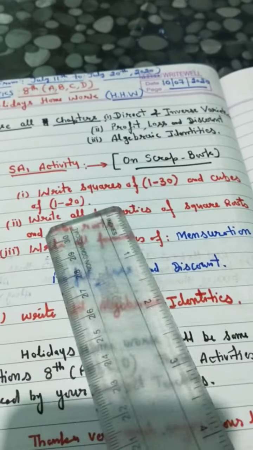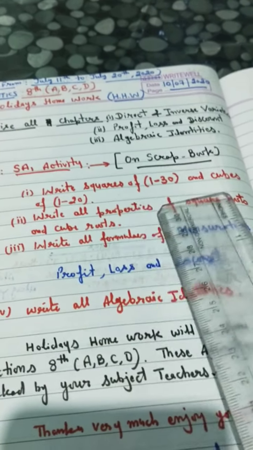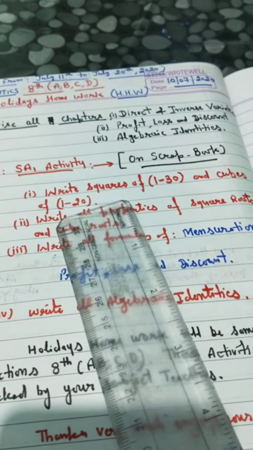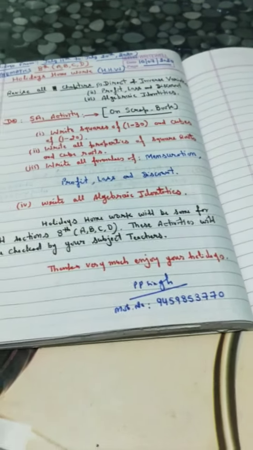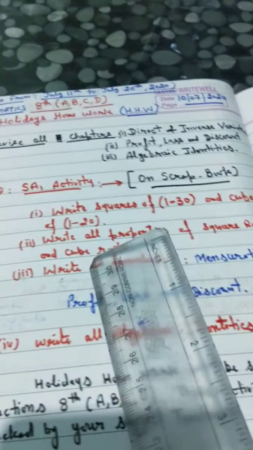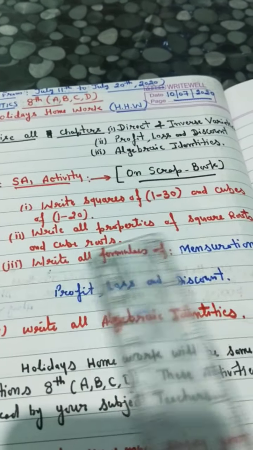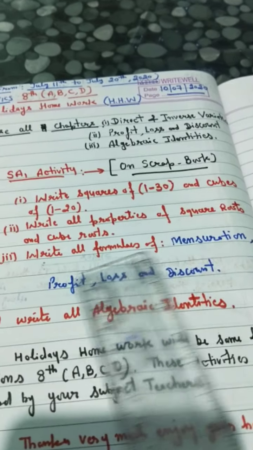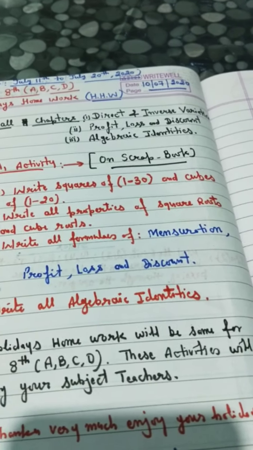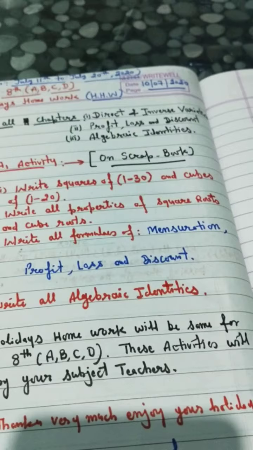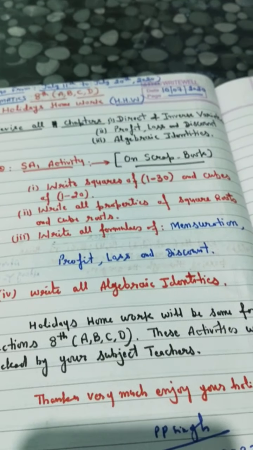First, write squares of 1 to 30 natural numbers and cubes of 1 to 20, neat and clean, using sketches and other board things. Next, second, write all properties of square roots and cube roots. Third, write all formulas of mensuration, profit loss and discount.